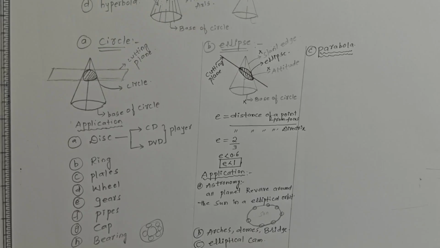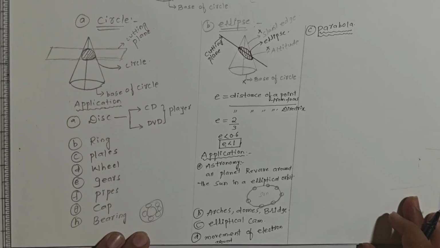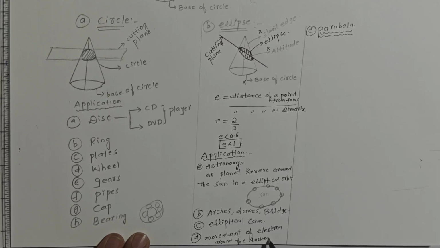The movement of electrons around the nucleus, it's visible. Okay, around the nucleus, in an elliptical shape. Clear? This is the application of an ellipse.